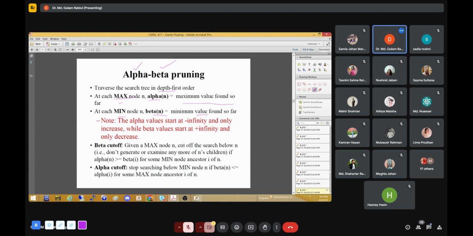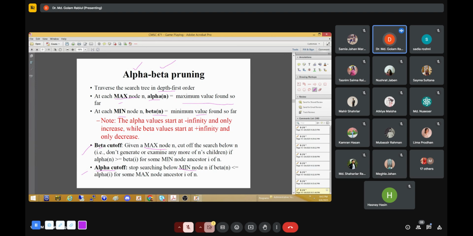And then we will have two cutoffs, the beta cutoff and the alpha cutoff. The alpha cutoff will be in the min node, and the beta cutoff will be in the max node.